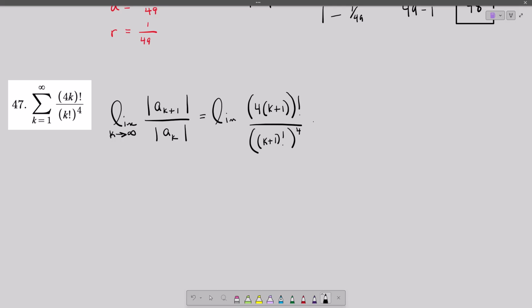So there's our a sub k plus 1. Now we're going to divide by a sub k, which means multiply by its reciprocal. So this will give us k factorial, quantity to the 4th power, divided by the quantity 4k factorial.